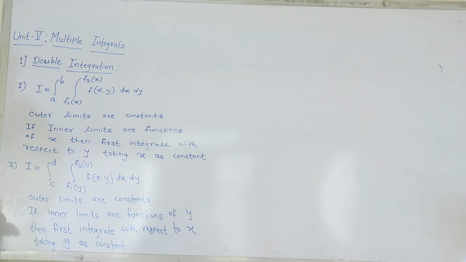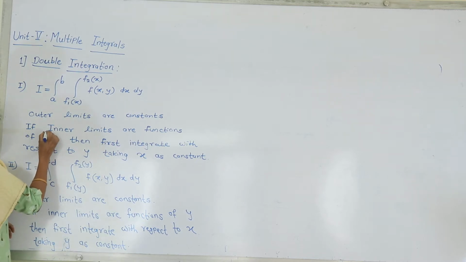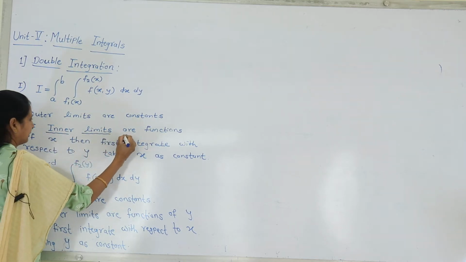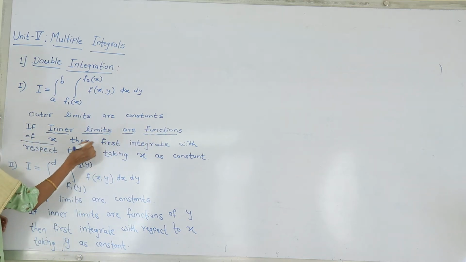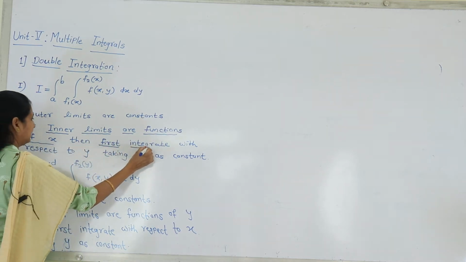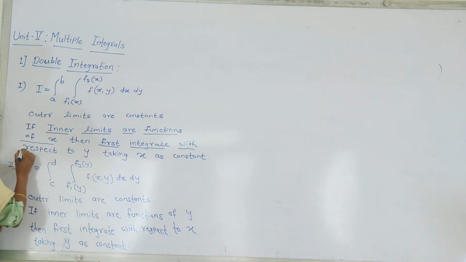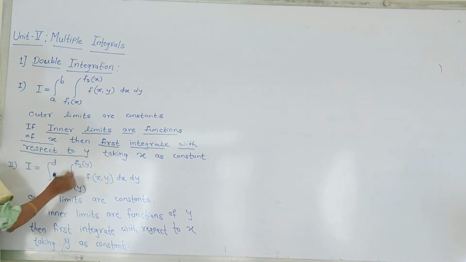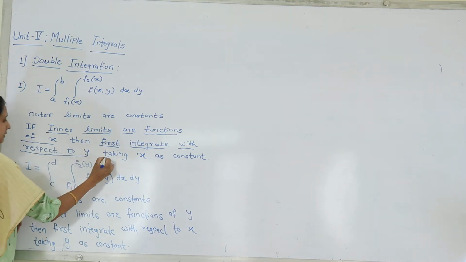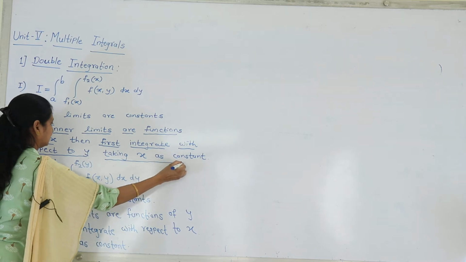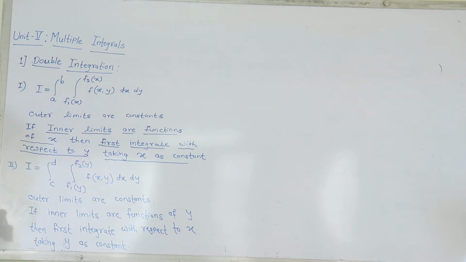If inner limits are functions of x, then first integrate with respect to y, taking x as a constant. That is the rule of double integration.